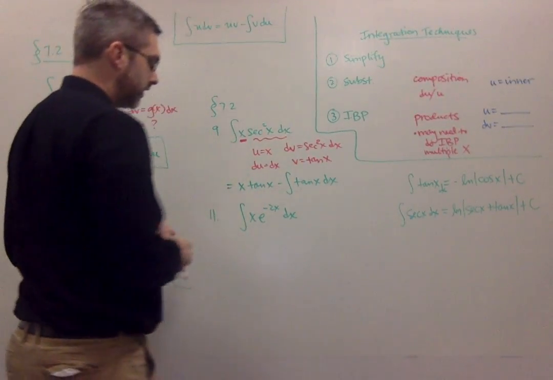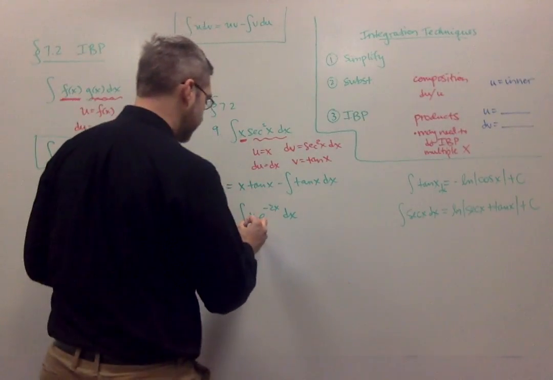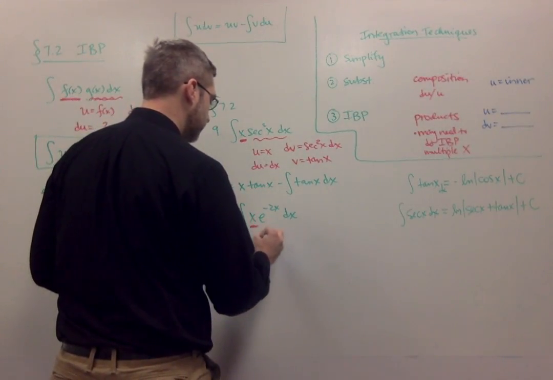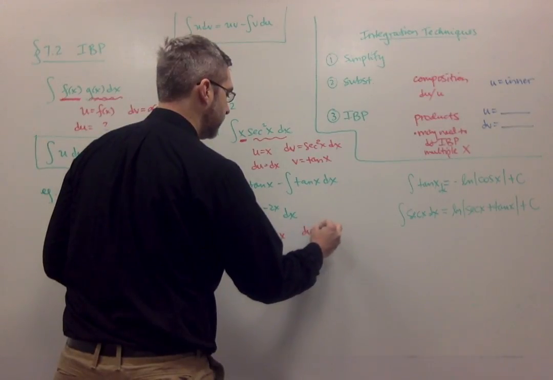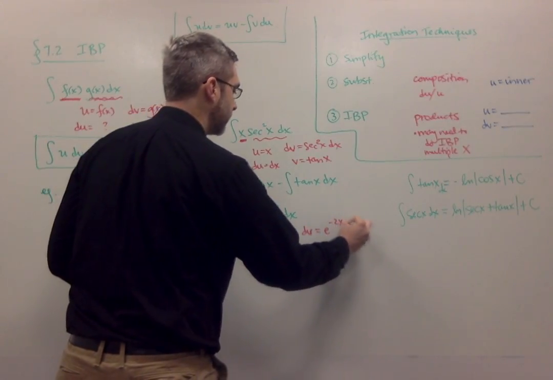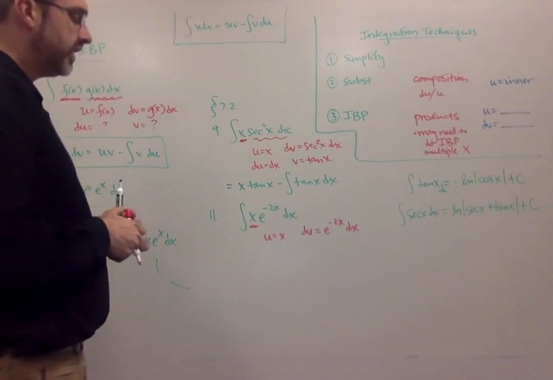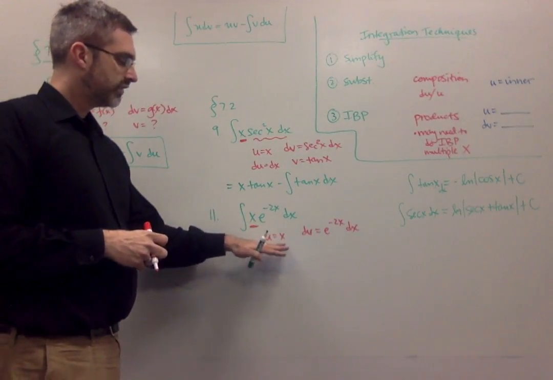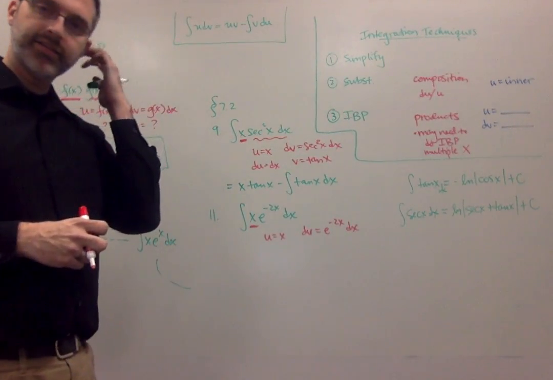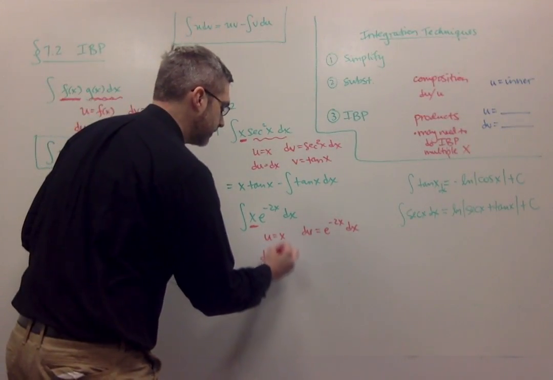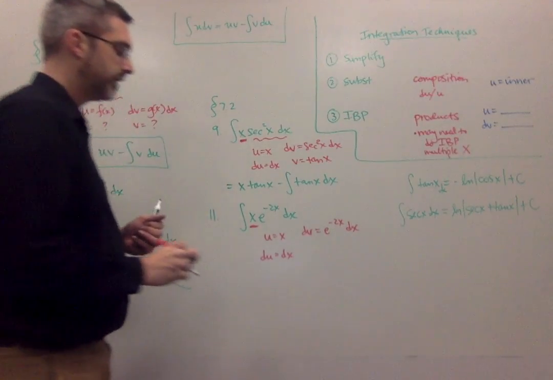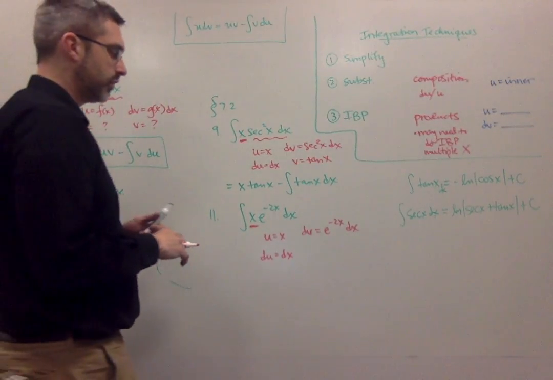Here, on number 11, what I would do is I would let u equal x and dv be e to the negative 2x dx. The reason is that I would love to see that x go away, and if I let u equal x, then the du is going to be the dx, and that x won't really be there anymore in the integral.